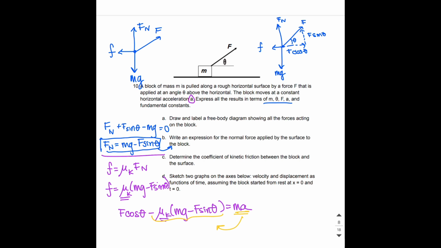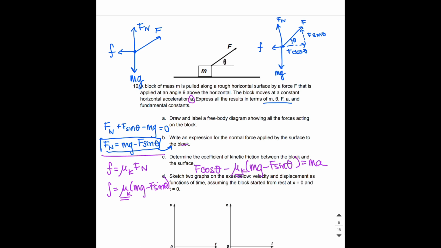So I'm going to do a little swap there pretty quickly with algebra, and I'm going to get F cos theta minus ma is equal to mu k times mg minus F sine theta. And then I'm just going to divide the mg minus F sine theta over, so I get mu k is equal to F cos theta minus ma, all over mg minus F sine theta.